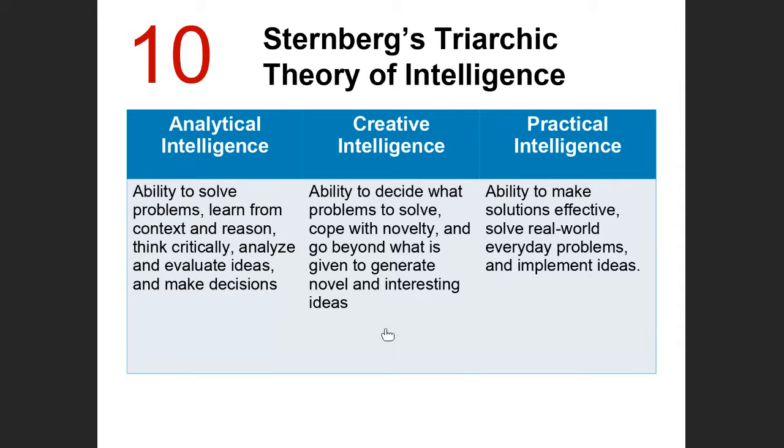If somebody is creative and they come up with novel ideas and so on, that is not measured on an intelligence test. Neither is practical intelligence, which has to do with being able to solve real world problems. So a lot of people would call this your street smarts or your common sense.